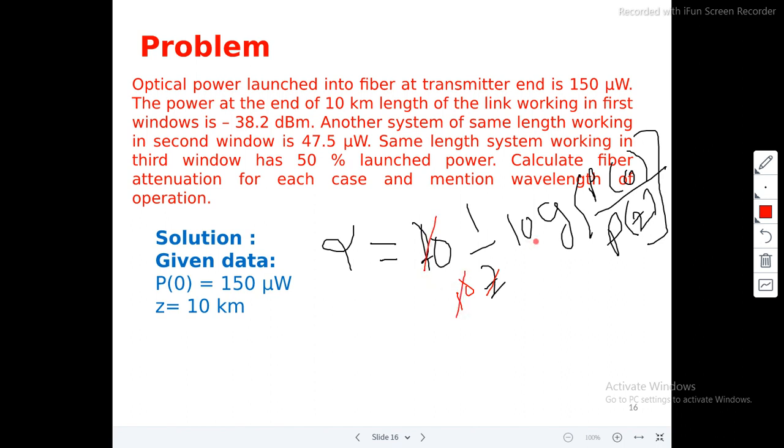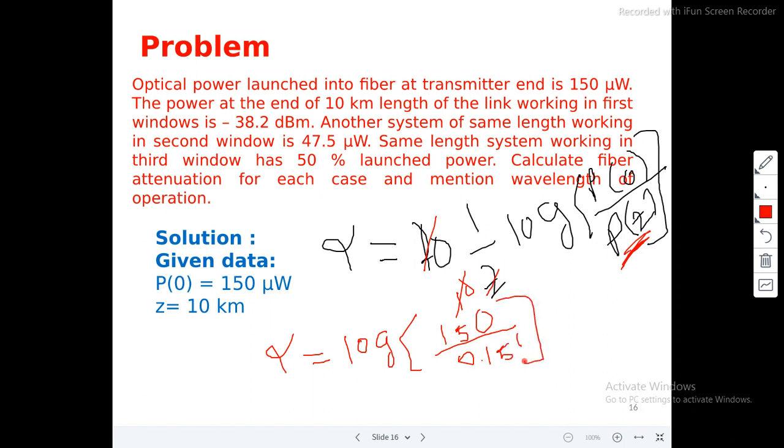So what about the remaining values? P of 0, the launched power, is given, and in the first window we also calculate P of Z. So directly substitute: alpha is equal to logarithmic of P of 0, which is 150 microwatts, by 0.151 microwatts. The microwatts will be cancelled.